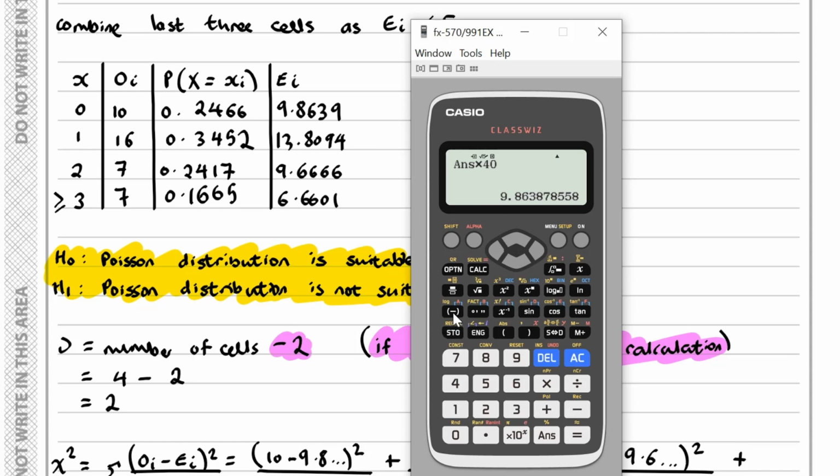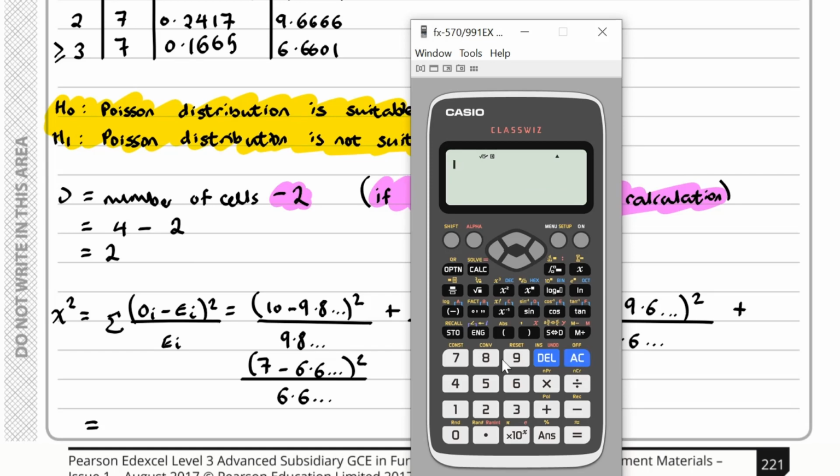So we'll store this into A, and then the next one we have B times by 40, so now we'll store this into B, and then we have C, and we'll times this by 40, and then we'll store this into C, and then D should already be stored somewhere. Yeah, it is.